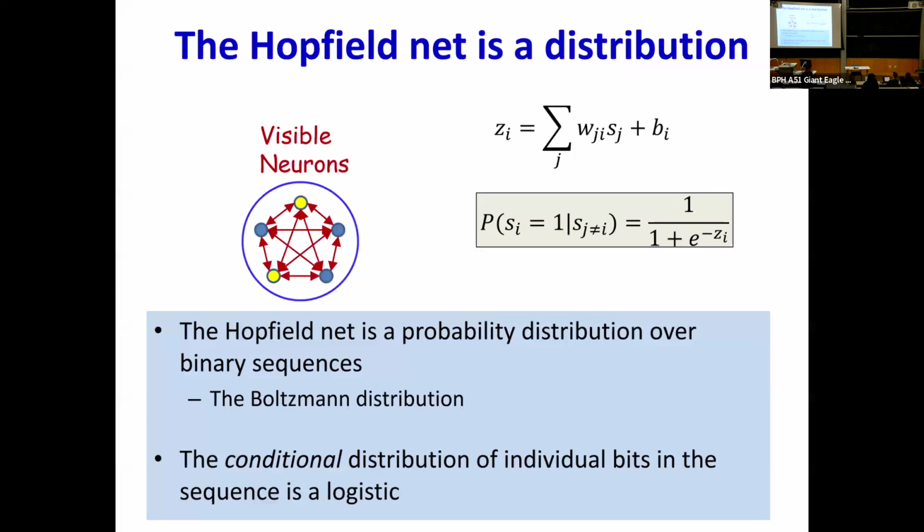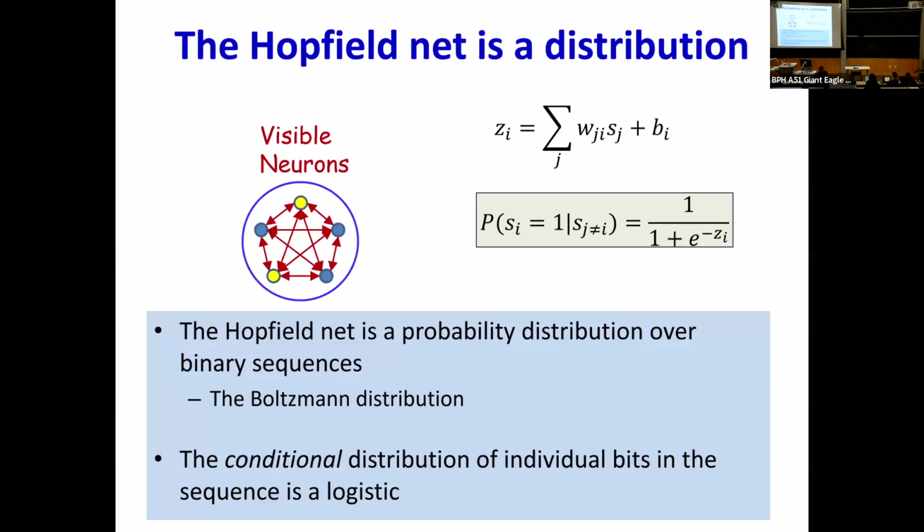But the point is this, that each neuron is simply going to look at the local field. And the probability that it's going to take a value 1 is obtained by putting the field through a sigmoid. You can think of having a coin whose probability of heads is given by the sigmoid. The neuron flips the coin. If it comes up heads, it takes the value 1, otherwise it goes to 0.